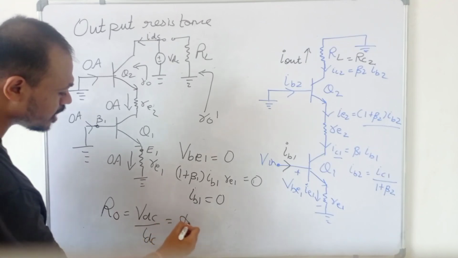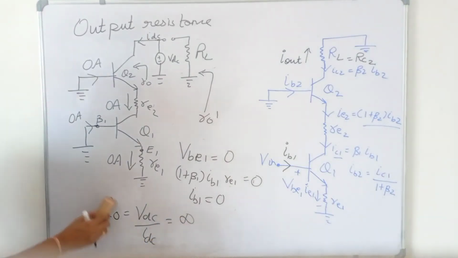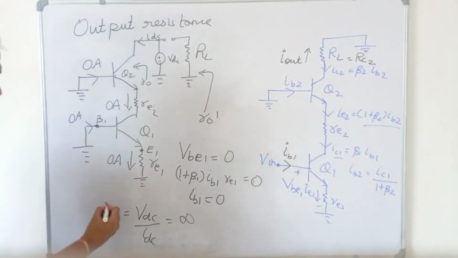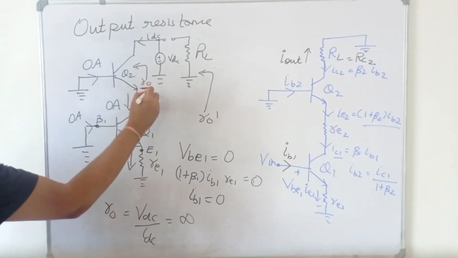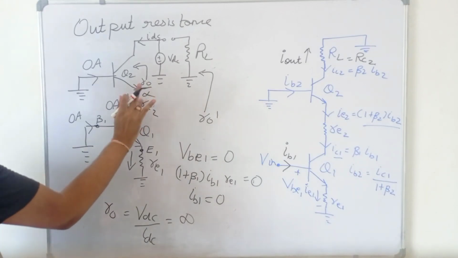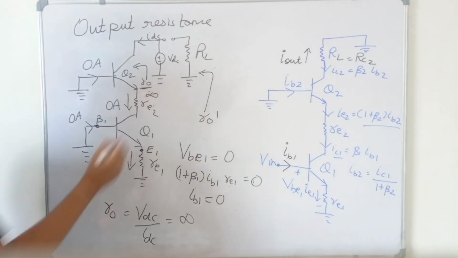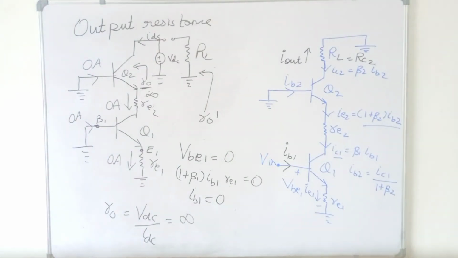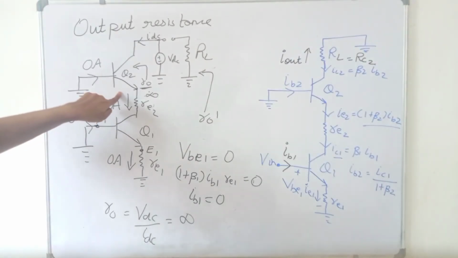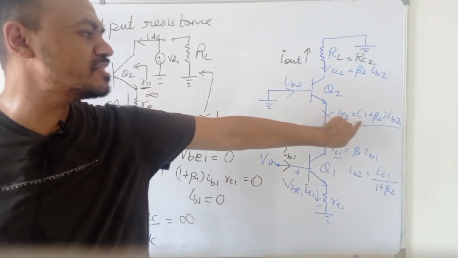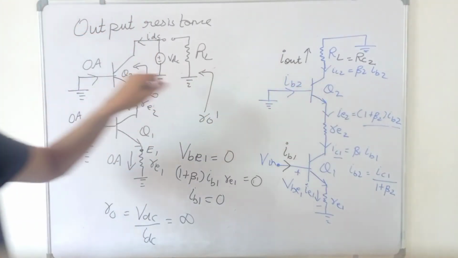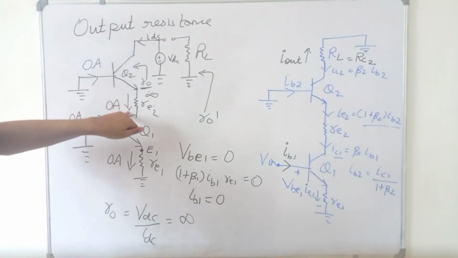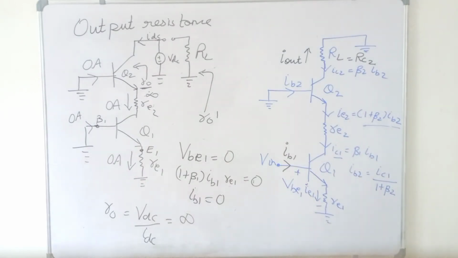So IDC is 0, so output resistance RO is equal to infinity. Because IDC is equal to 0 here. Because this current is 0 means IE2 is equal to 0. So it means nothing but IB2 equal to 0. So if IB2 equal to 0, this current is 0, this current is 0. So obviously this current has to be 0 by Kirchhoff's current law. So IB1 is 0, IDC is equal to 0.